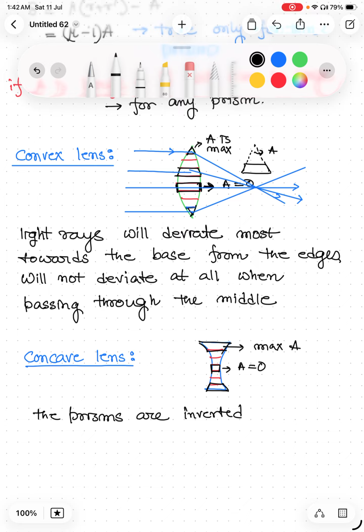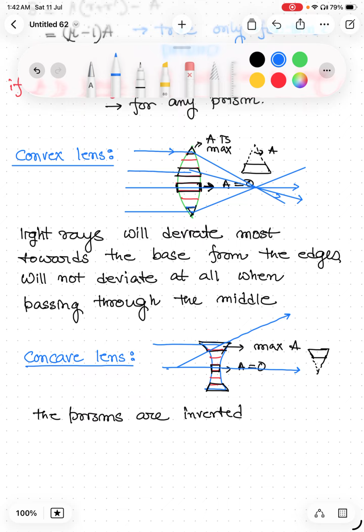This prism now looks like this, and if I extend this, this is how the prism looks. So if a light ray is incident at the middle, it will go undeviated. If it is incident at the edge, it is going to have the maximum deviation towards the base.